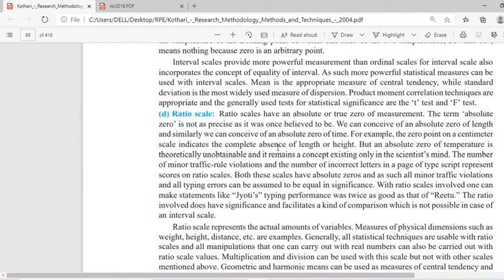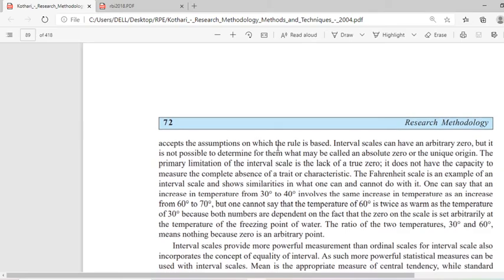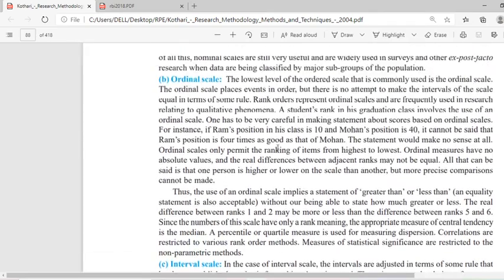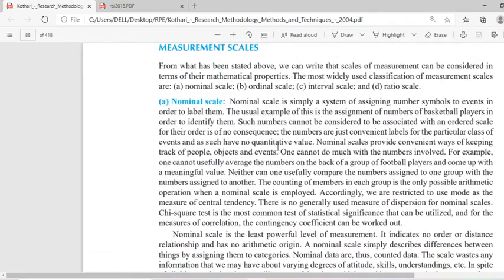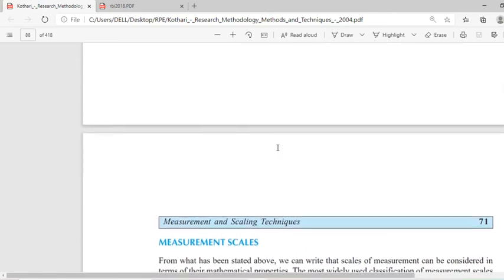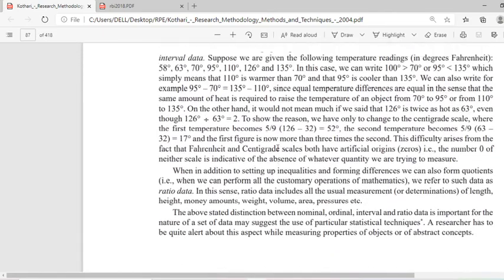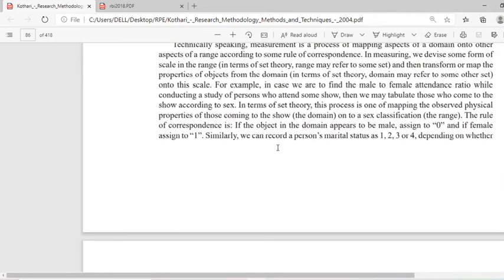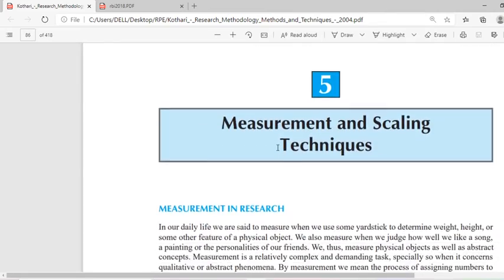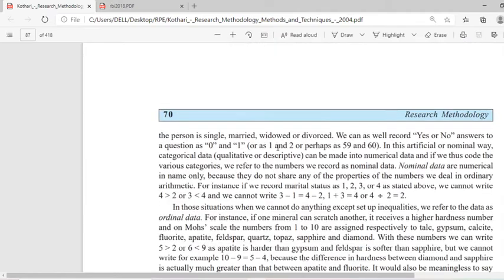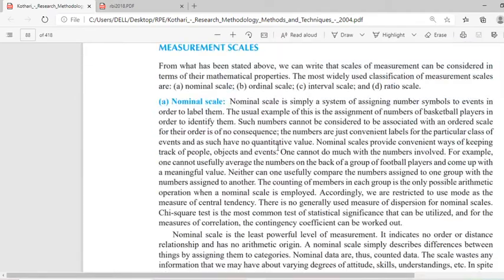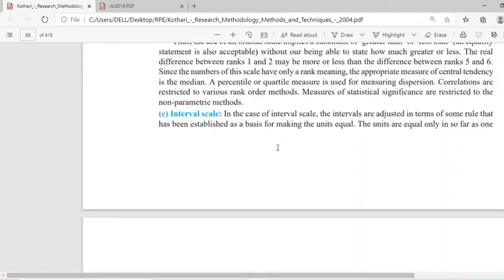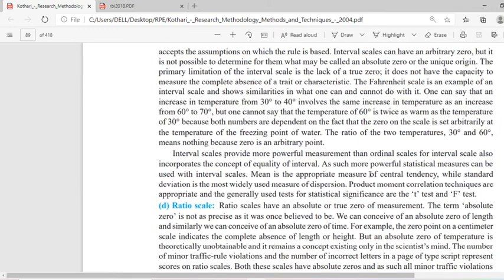I have mentioned only some main points. You can read this chapter at least 3 times. Read the discussed contents at least 3 times and make a proper report. Okay. You can submit it on my Moodle platform. Thank you.